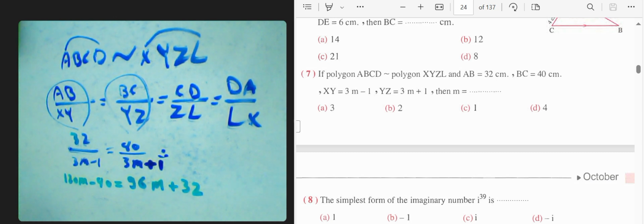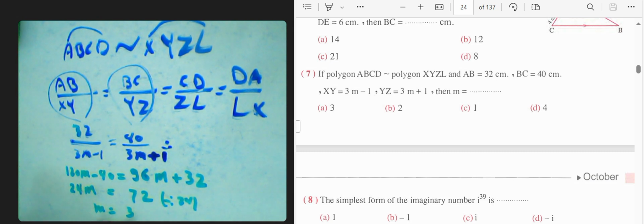And then we can move 96 and subtract it from 120: 10 minus 6 will be 4, 11 minus 9 will be 2, and then negative will be positive, 40 plus 32, 2 plus 0 equals 2, and 3 plus 4, 7. And then we can divide it by 24 to find the value of m. Then the value of m here will be 3. The value of m here will be what? Equal 3. Choose letter A about this example. So question number 7, choose letter A.